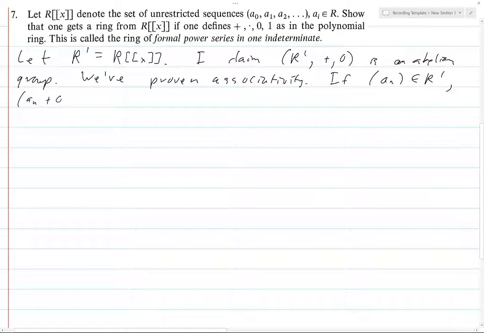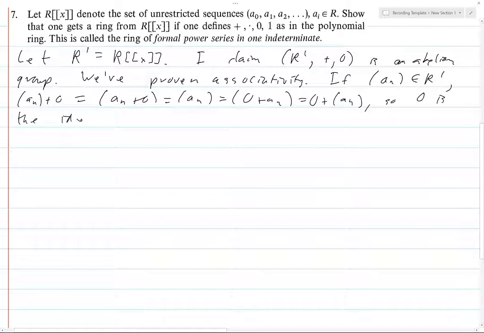An plus 0 equals an, equals 0 plus an. So 0 is the identity.